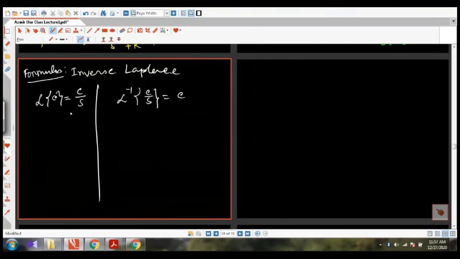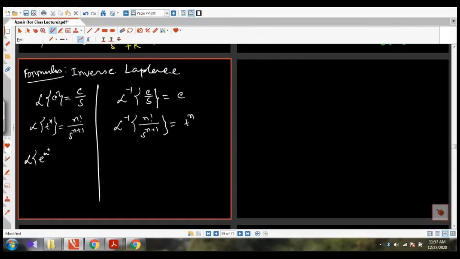Try to relate. Laplace transformation of t power n is n factorial over s power n plus 1. So if we apply inverse Laplace transformation on n factorial over s power n plus 1, that will be t power n.